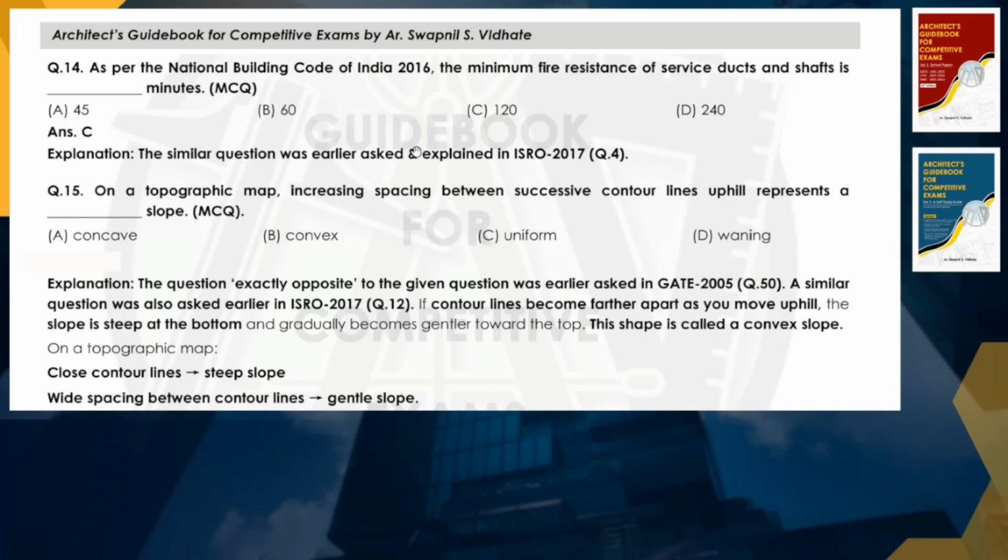Whereas exactly opposite, if there is a wide spacing between the contour lines, then we call it a gentle slope. So here the correct option is convex one, as I just explained. Because the reference was available, you have understood the concept, selecting option B was not the difficult one. So B was the correct answer for question 15.